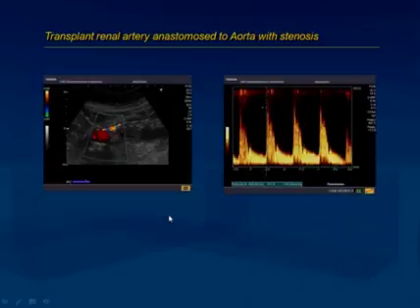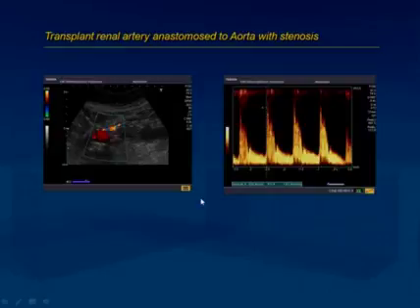Sometimes the transplant renal artery is anastomosed to the aorta, or there are variants of the arterial anastomosis as shown in the first cartoon. In this example, this is a transverse view of the distal abdominal aorta, and originating from it is the transplant renal artery, with marked aliasing and the confetti phenomenon, and a markedly increased velocity in this transplant renal artery of 600 centimeters per second.